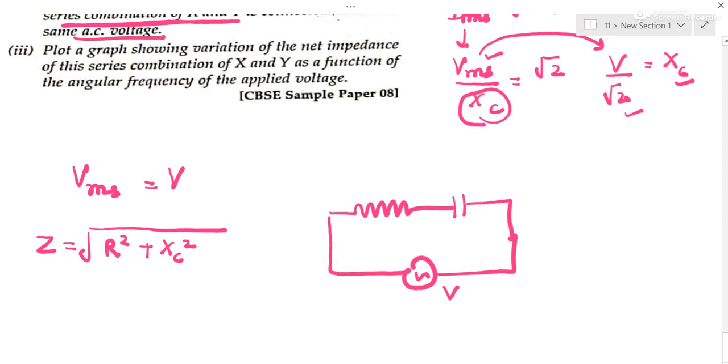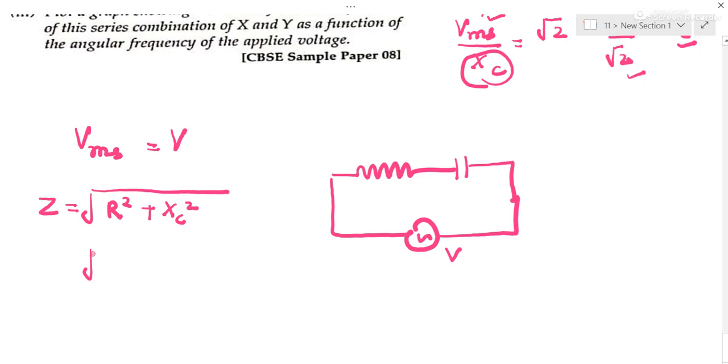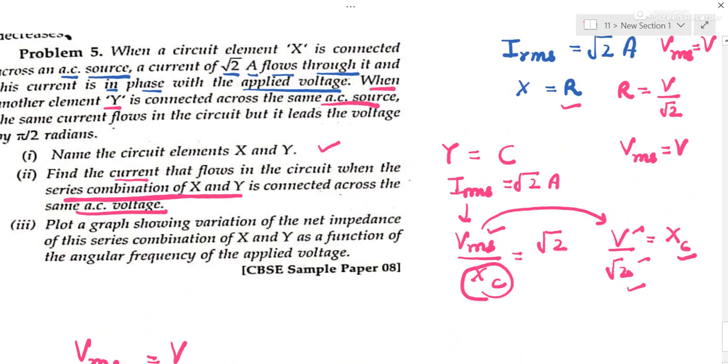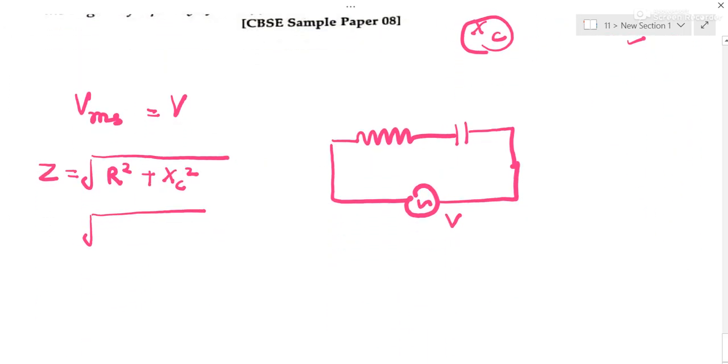Both R and XC are equal to V by root 2, so we substitute.